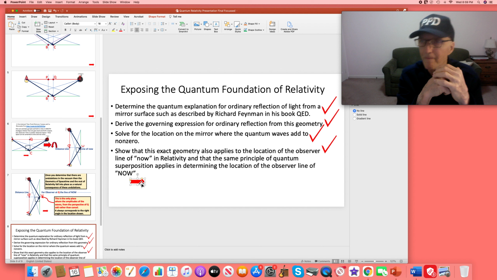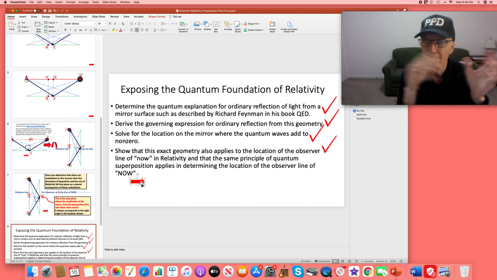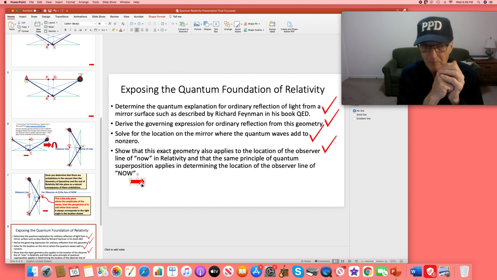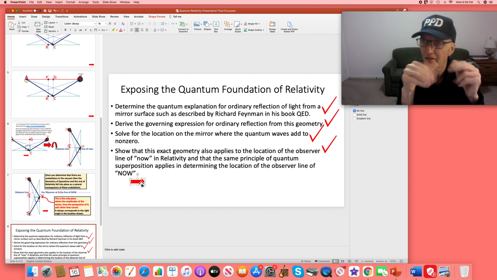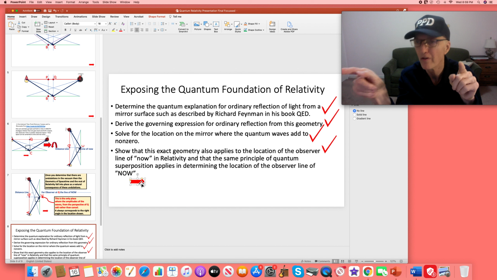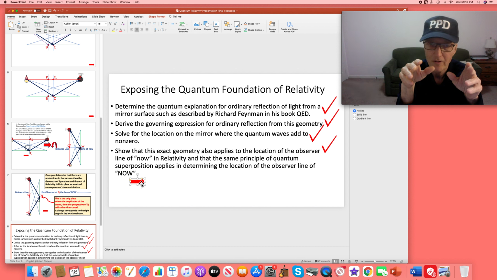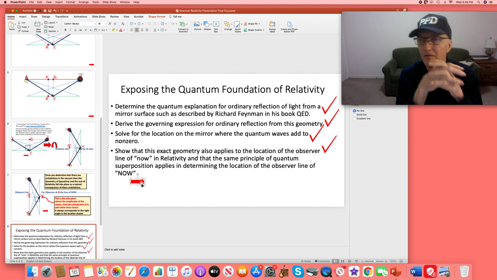So it's pretty essential to special relativity and general relativity to have the operating definition of the space-time geometry, and a large portion of that is knowing where is now for this observer, where is now over there. And you need to have quantum mechanics to do that.